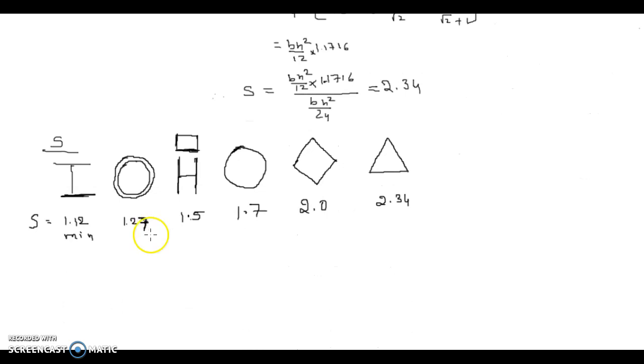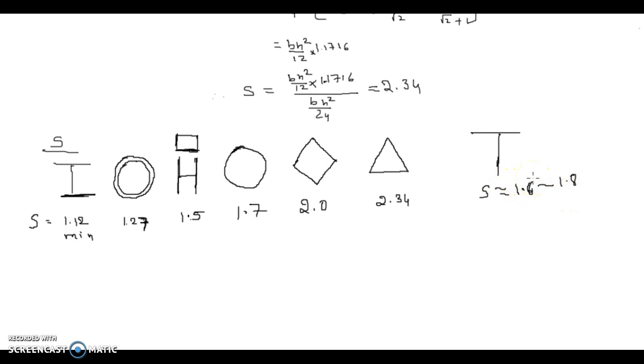And also one more tip: for any T section, the value of S will be around 1.6 to 1.8. We don't have a standard value here because it depends upon the dimensions of the flanges and the web. So typically you will get a value of S from 1.6 to 1.8 for the T section.